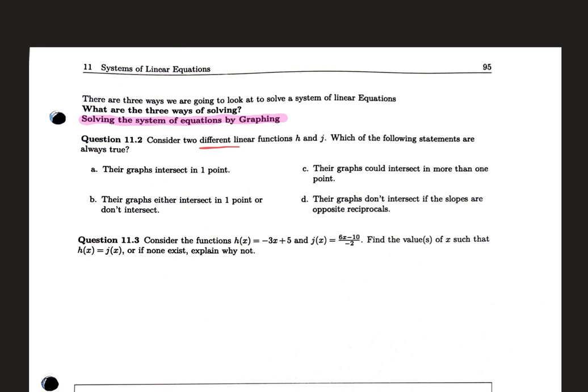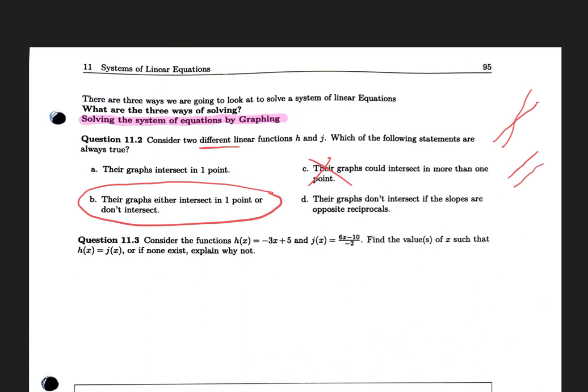So either our graphs could intersect at one point, or the graphs could not intersect at all. The graphs cannot ever intersect at more than one point, because if they are lines like that and they're 2 different lines, they're only going to ever intersect at one point, or they could be parallel lines and they don't intersect at all.